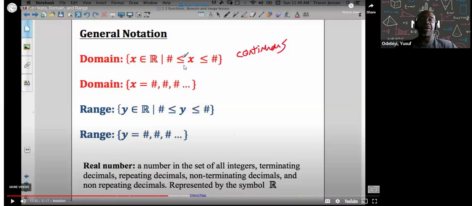Sometimes there are restrictions, and sometimes there aren't. We'll go through examples for restrictions. Let us continue. Fast forward. Same thing with the range. It's the same way you write the domain. You write it the same way for range. The only thing is you're writing it for the y component.